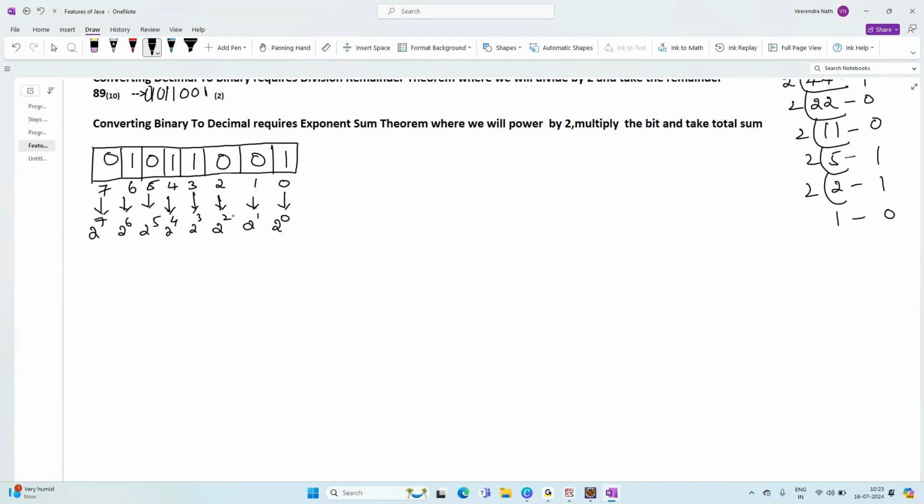Clear up to here? Now I have done the power of 2 and multiply the bit. Multiply the bit means what?